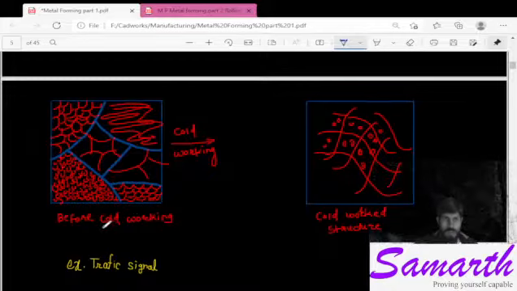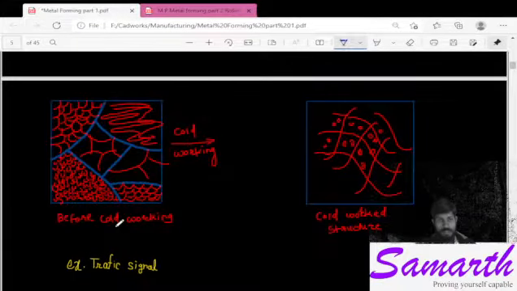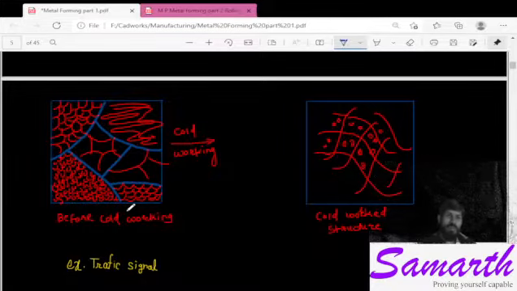Cold working means heating a material to less than the recrystallization temperature. What is the recrystallization temperature? We are going to discuss. Let us say for steel it is 723 degrees Celsius, and I am heating a particular material to 500 degrees Celsius and applying load and deforming it. Then we will call it cold working.